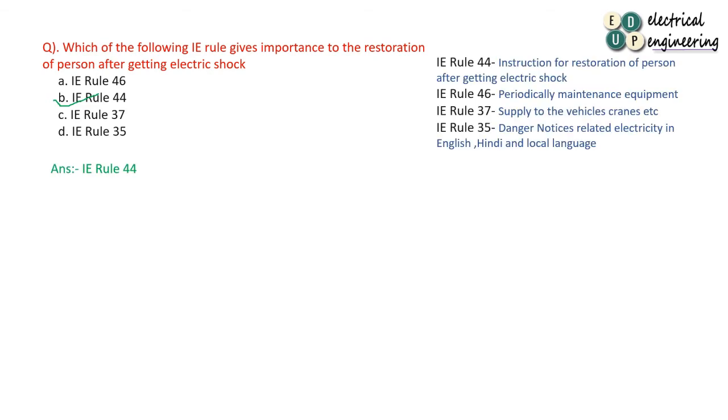Additional information: 44 deals with electrical shock, 46 deals with periodical maintenance, 37 deals with supply to different vehicles involved in the electrical installation process, 35 is related to danger notice, which states that the word danger must be written in Hindi, English and the local language. Move to the next question.